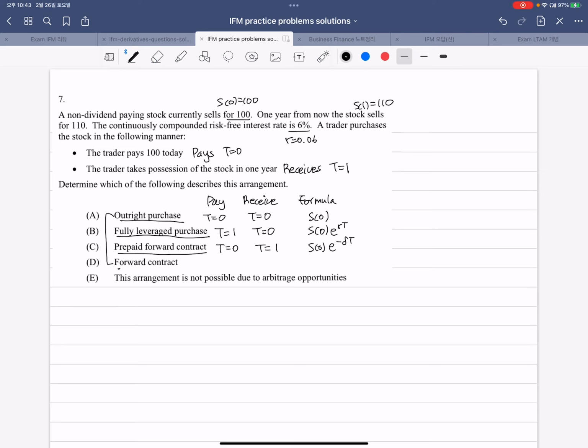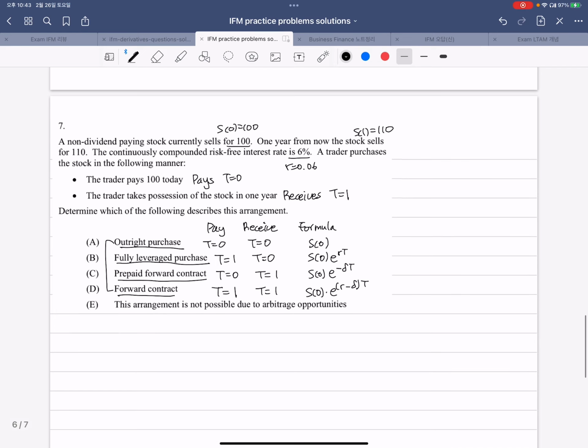So lastly, to go over forward contract, we're paying at time equals 1, at year 1, and then receiving it in year 1. And this should equal S of 0 times e to the r minus delta, so we accumulate it by 1 year t and subtract the dividend rate, because same as the prepaid forward contract, we are not receiving the dividends, and then multiply by t.